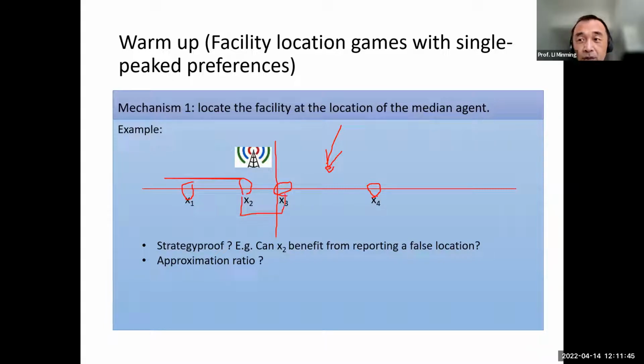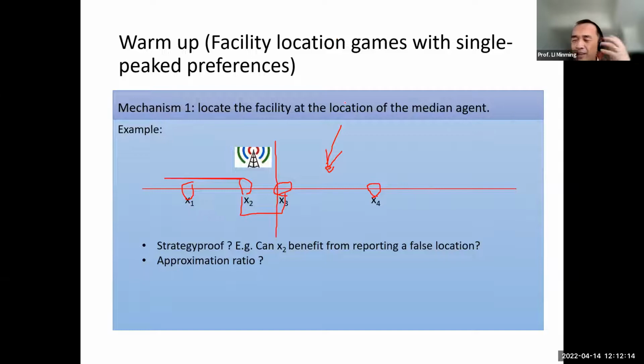The facility which minimizes the total distance towards x2 and x3 needs to be placed within interval x2, x3, any point between 2 and 3. If you put it inside that interval, the distance sum will be the interval length. If you put it outside, the distance sum towards x2, x3 will be larger than the length of x2, x3.